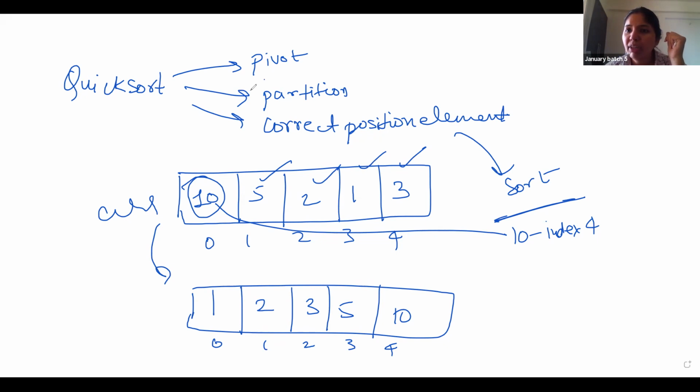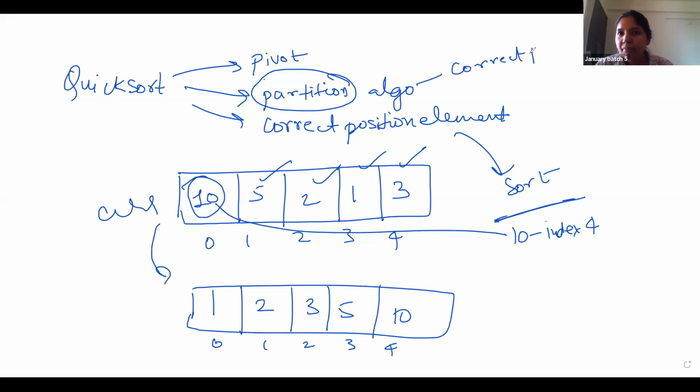We will choose one element and then try to find its correct position. For that, the partition algorithm does two things. It finds you the correct position of every element, or you can say the position of the pivot element.